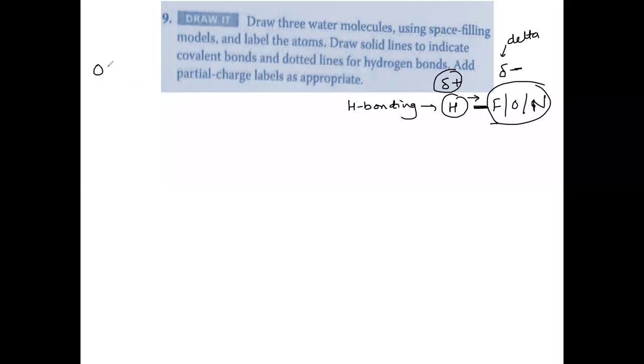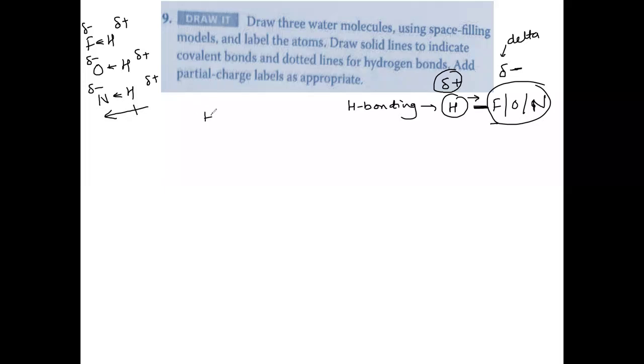So whenever you have an O-H, N-H, or F-H bond, the electronegative atom will always develop a partial negative charge, while the hydrogens develop partial positive charges because of the shift of electrons, and it generates a dipole.